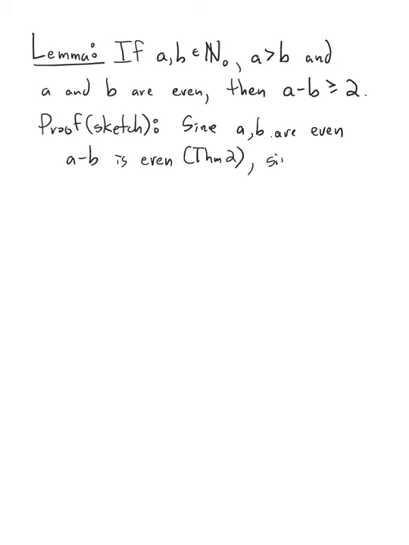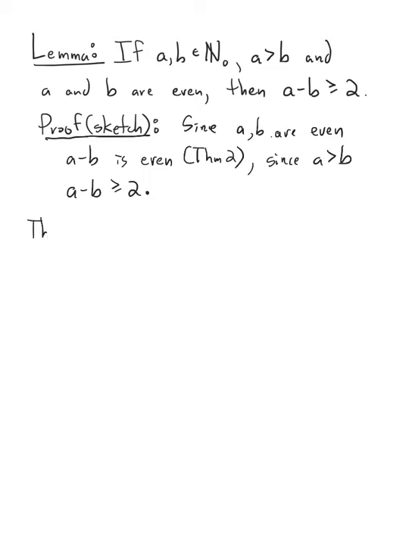And since a is greater than b, that tells me that a minus b has to be greater than or equal to 2. So that's basically it. We didn't write it in painstaking detail, but it's pretty close to an actual proof. That's the rough idea. Okay, now that we have that lemma, what is the result we're going to prove?